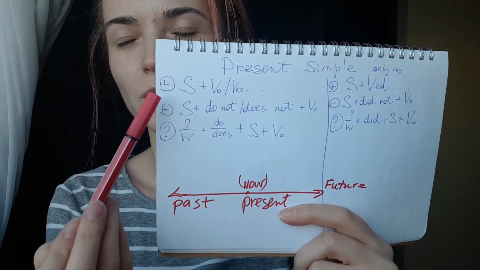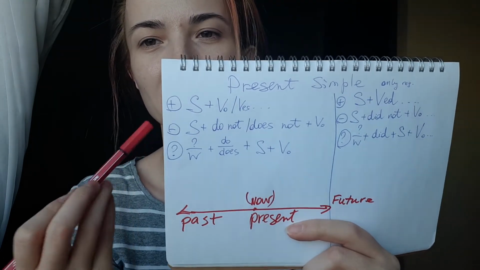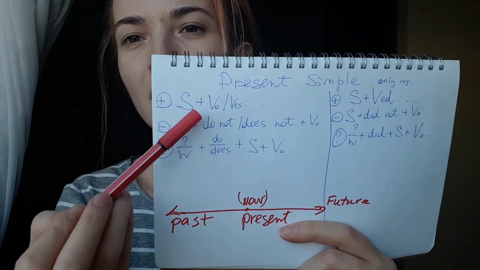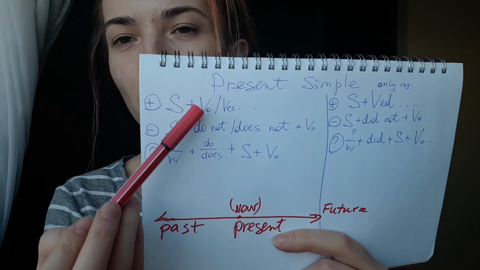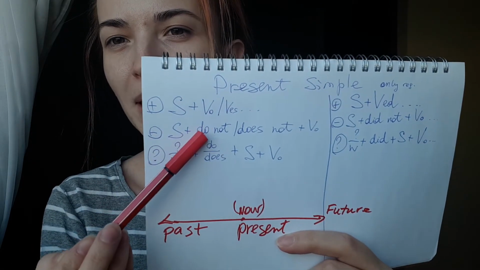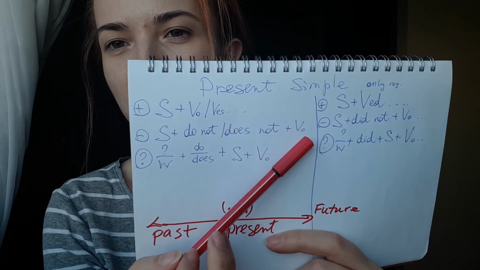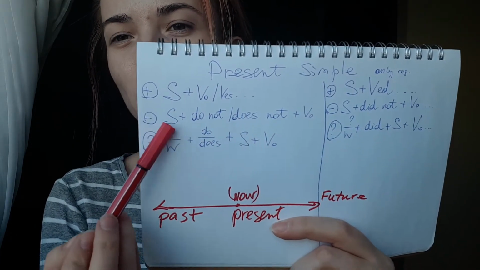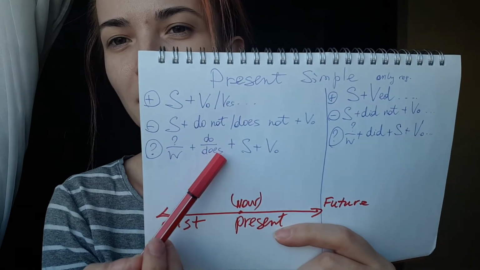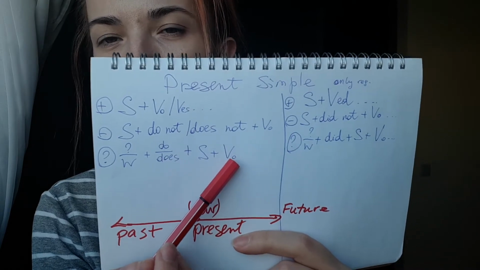Some students do not know what affirmative sentence is, so I just tell them that it's a positive sentence. So subject plus verb without endings or with ed. Negative, subject plus do not, does not, and the verb without endings. Questions, question word plus do, does plus a subject plus a verb without endings.